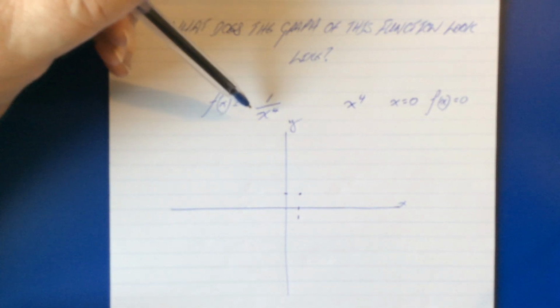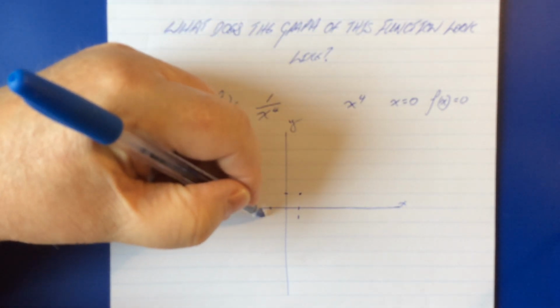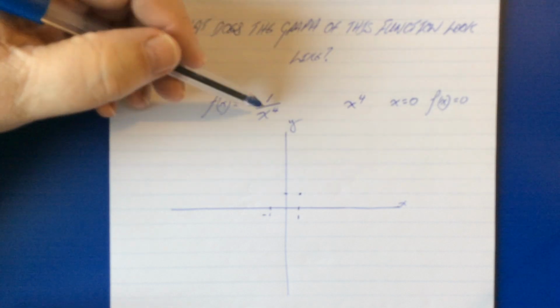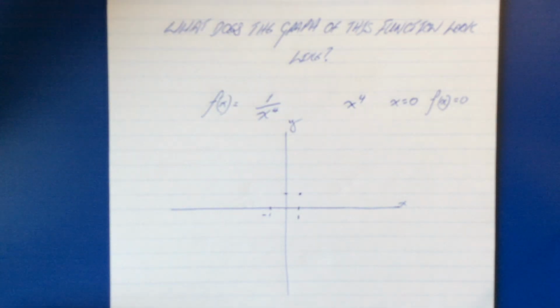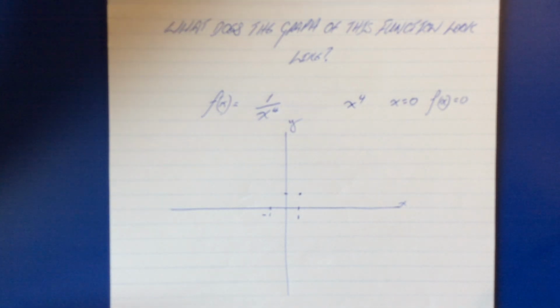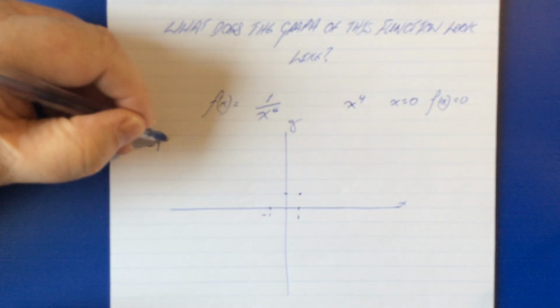This is going to get away on us very quickly, and it's going to be wildly out of scale, but just indulge me. If we make this negative 1, then what we're going to get is 1 over 1, because negative 1 to the power of 4 is 1. The negative value of x is negated, so to speak, by the fact that we multiply it out 4 times. So just to be really clear, we're not doing that.